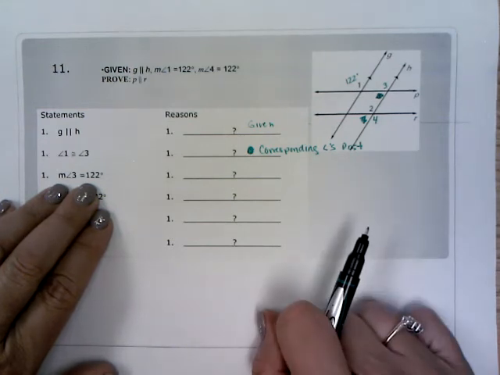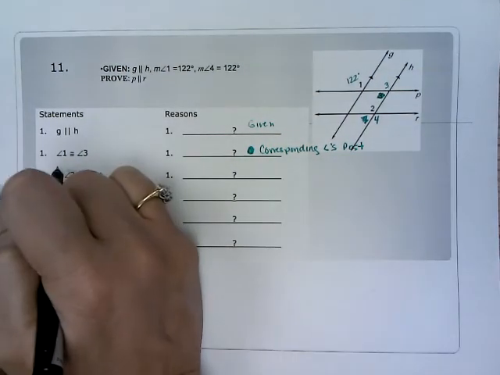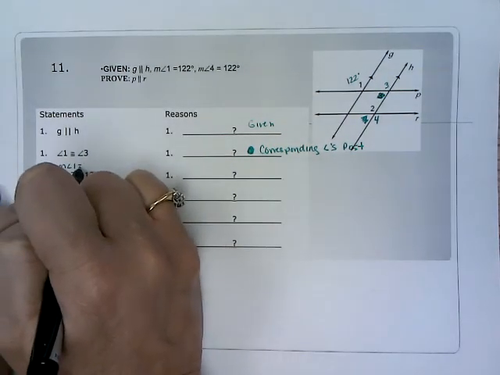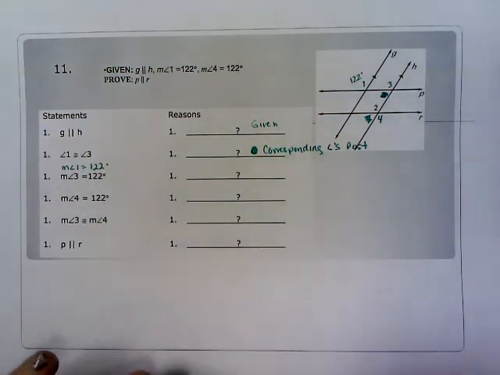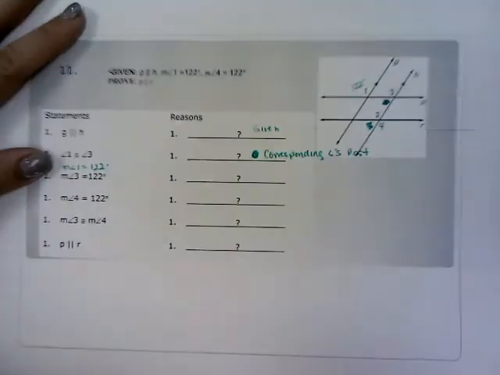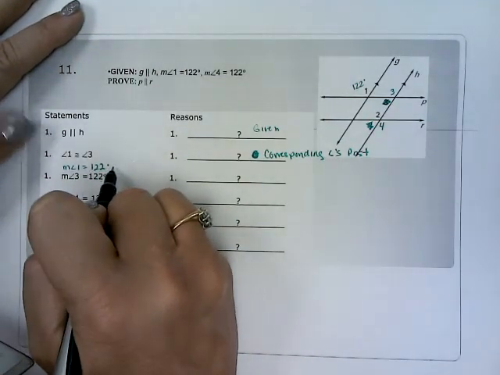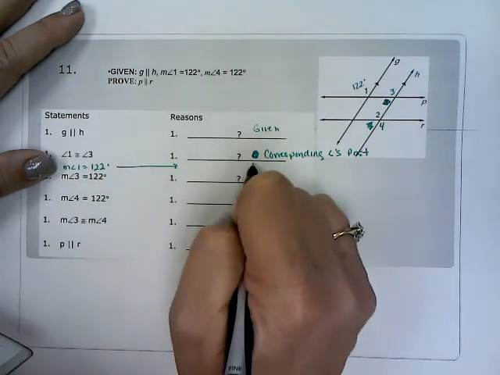Well, this again is a bad proof because somewhere up here I should have had the given that said the measure of angle 1 equals 122 degrees. So somewhere I needed to have this. Let's just correct this whole proof. So somewhere right here I needed to have that the measure of angle 1 was 122 because it was given.